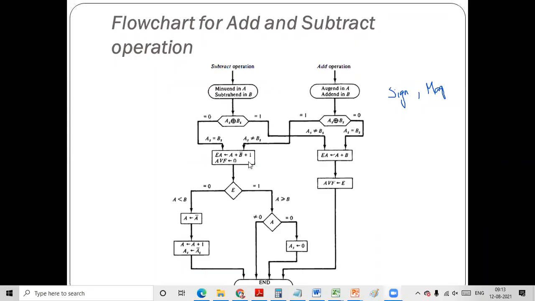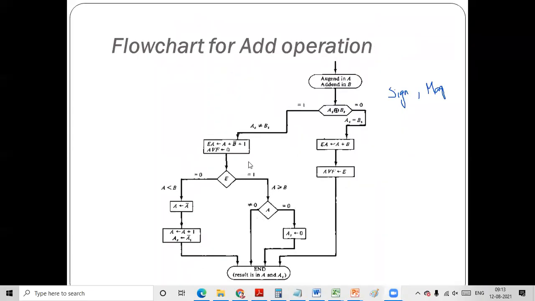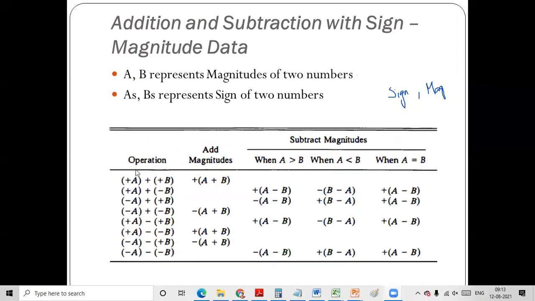Due to this reason we have gone through 8 possible operations for addition and subtraction with different signs of our numbers, and based on the conditions of the signs, in some cases addition of the magnitude happens, in some cases subtraction of the magnitude happens.